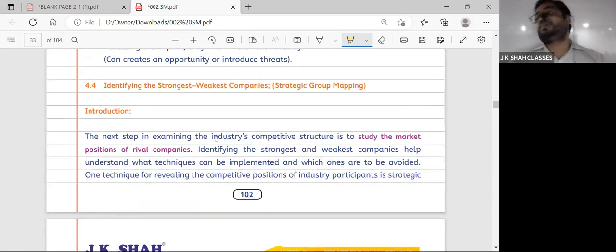Now, the most important part, identifying the strongest and weakest companies, strategic group mapping. I have already told you about this. You want to start with a television channel, then we can do analysis. If you tell me you want to start with a television channel, I can't tell you how to do the analysis. But if you tell me you want to start with a kids channel, I can tell you what to do, because now it is a group, a strategic group.